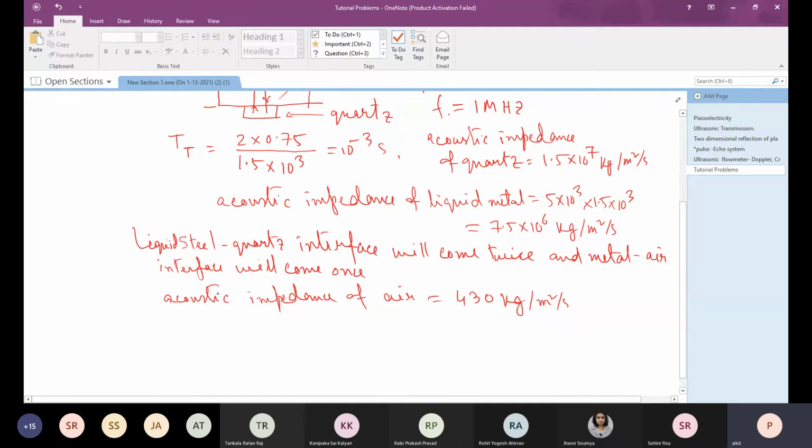So then the power ratio, received power by transmitted power, would be equal to first the transmission coefficient alpha T, that is for quartz to liquid metal.